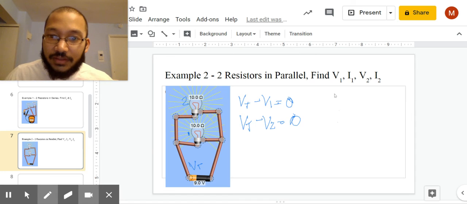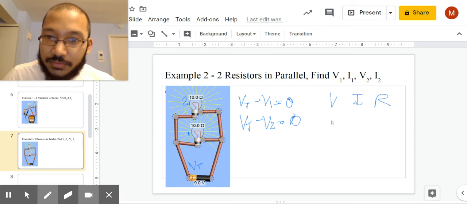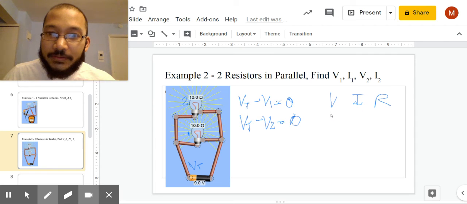I'm going to go to my handy VIR chart. It's a little squished here, but that's okay. The voltage across the battery was 9 volts, so V1 and V2 are going to also be 9 volts. This is for resistor 1, and that's for resistor 2.